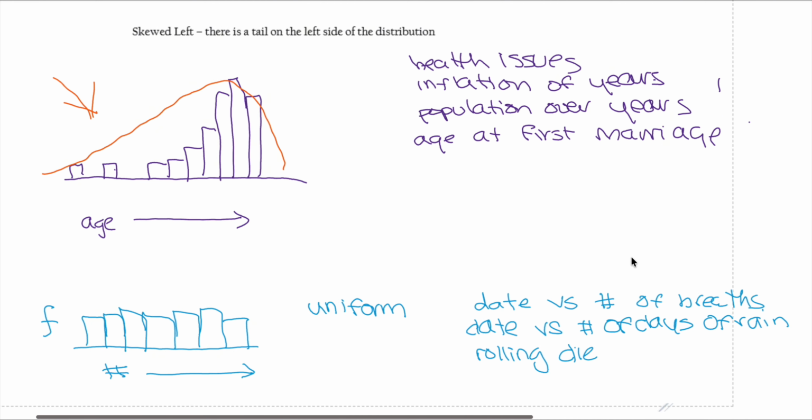Some real life examples are date versus the number of breaths, date versus the number of days of rain, and rolling a die. The last example is pretty good, because we all know there are 6 sides on one die, and all 6 sides have an equal chance of being rolled. So that's the situation that creates a uniform shape graph.